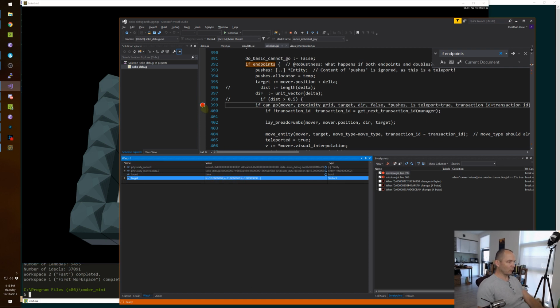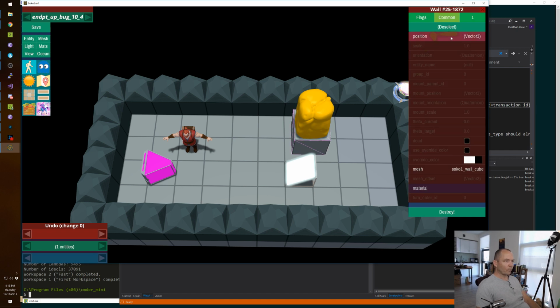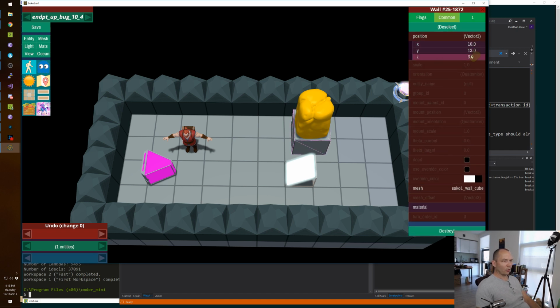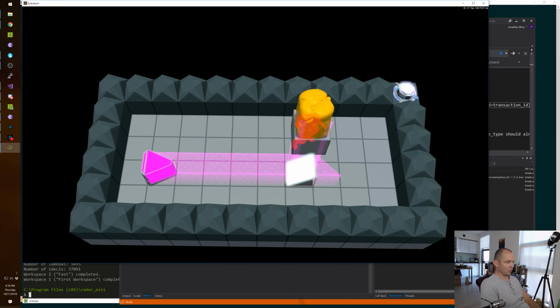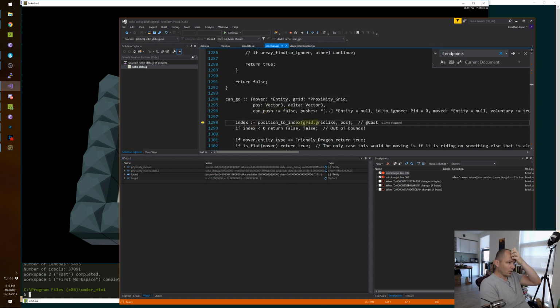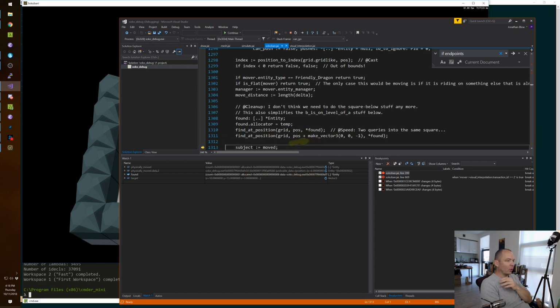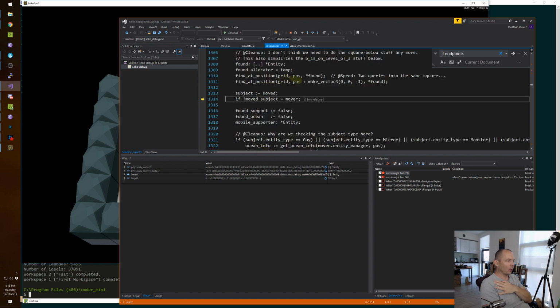Actually, let's check it now. So this is at 10.13.3. Target 10.13.3, okay. So why can we go there? So we're looking at the position and we're looking also under us.